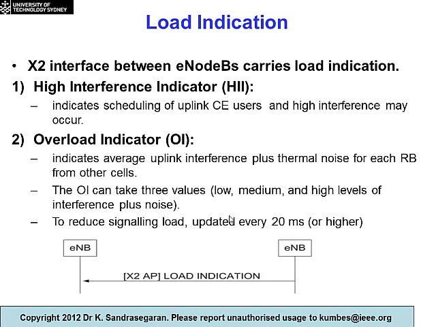This is where you take measurements of the uplink interference plus thermal noise for each resource block from other cells, not on your cell, but you take these measurements from your other cells, and then you classify this measurement into 3 values, either a low value, a medium value, or a high level, and you transmit this value to your neighbors so that they are aware of how whatever they are transmitting is being measured at neighboring cells.